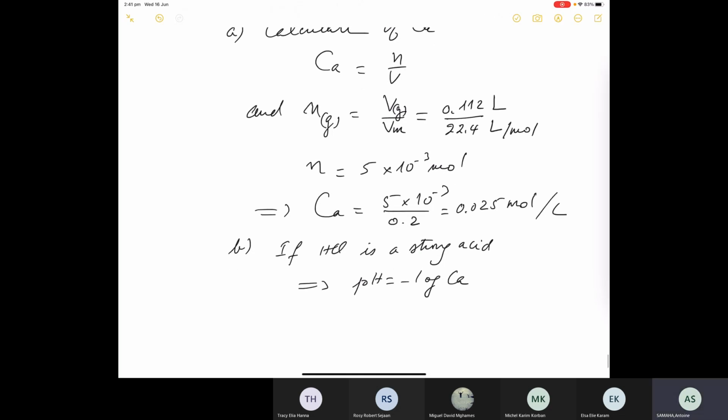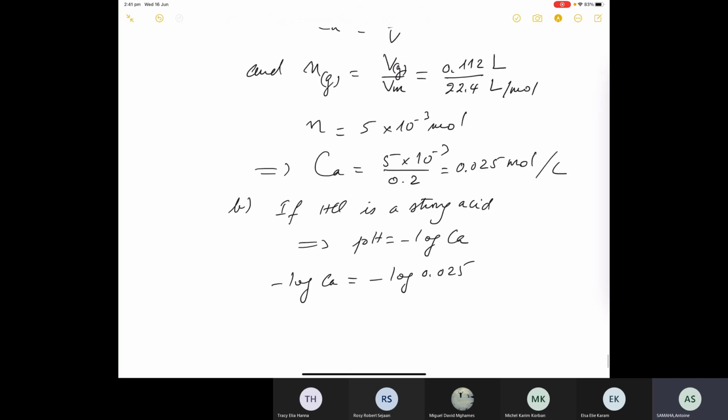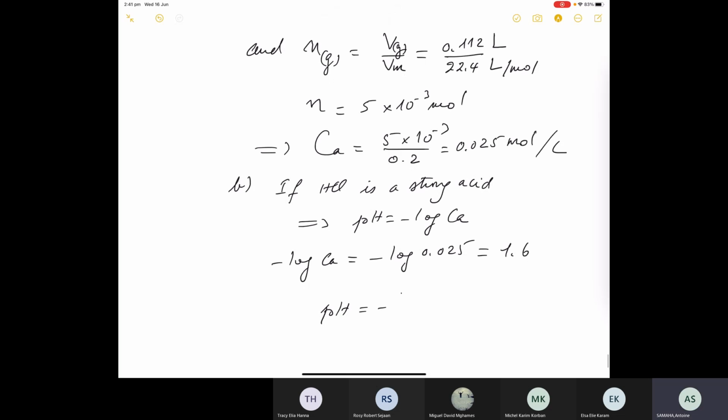The pH of the solution is given as 1.6, and negative log Ca is equal to negative log of 0.025, which also gives 1.6. So pH equal to negative log Ca implies solution S is strong.